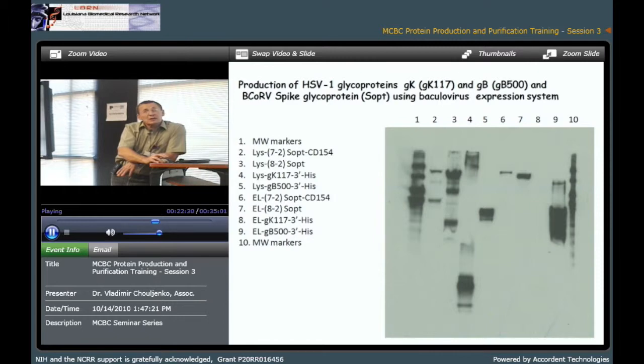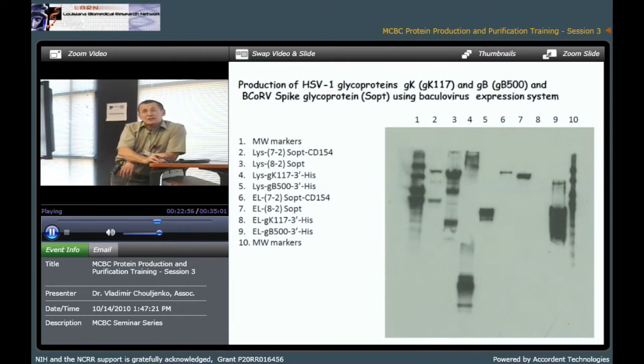And another protein is basically the same spike glycoprotein fused with a bovine CD154 ligand, which is closer to 150. And as you can see, you definitely can express protein as large as very close to 150 kilodalton. And we never had any problem with GB. As an example, lane 5 shows GB500.